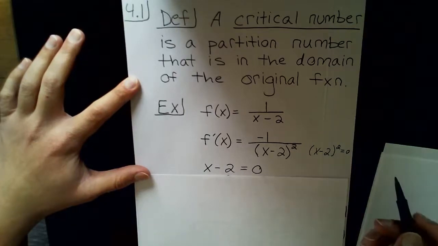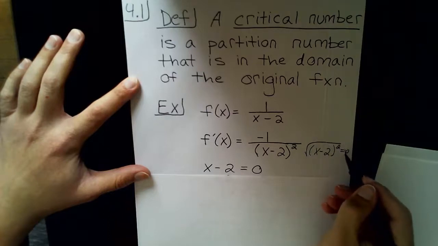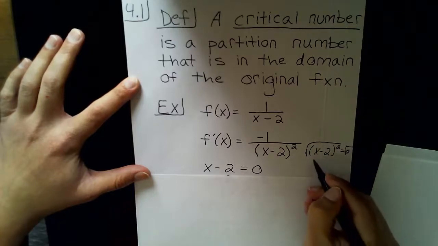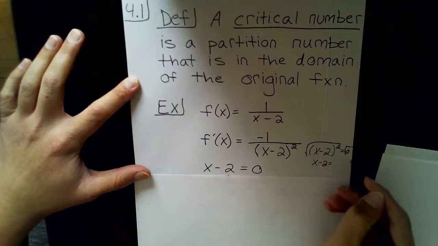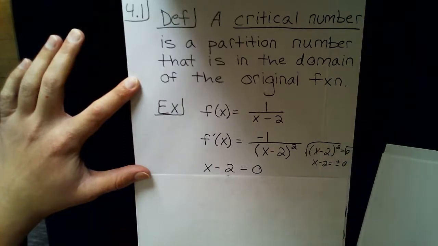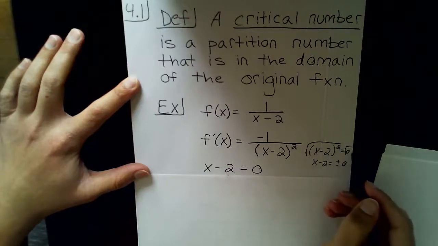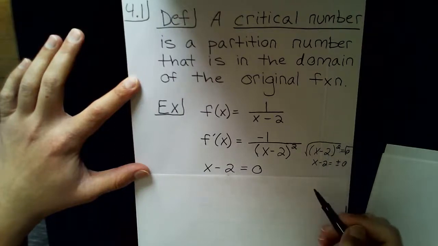If that seemed confusing, just remember you could always take the square root of each side, which would leave you with x minus 2 equals plus or minus 0, which is still x minus 2 equals 0. So whenever you have some factor with an exponent equal to 0, you can always ignore that exponent.